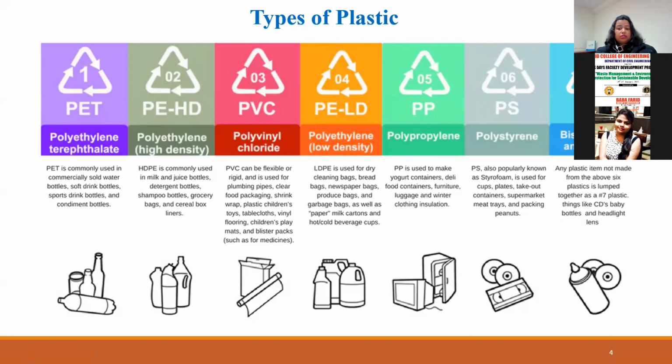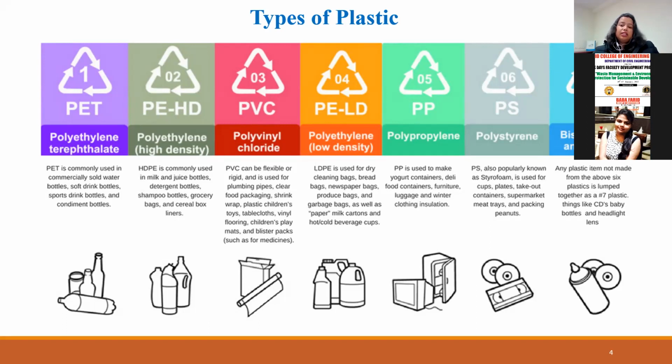LDPE is another one, which is low density polyethylene. This is used in our regular bags that we use for garbage disposal, or the bags in which we buy vegetables, or from a general grocery store, they give us a little polythene sort of bag. So this is the low density. This is one of the most harmful also, because all these are non-biodegradable, but this is a finer low density plastic option, which eventually ends up choking our drains, or suffocating our animals and birds as well.